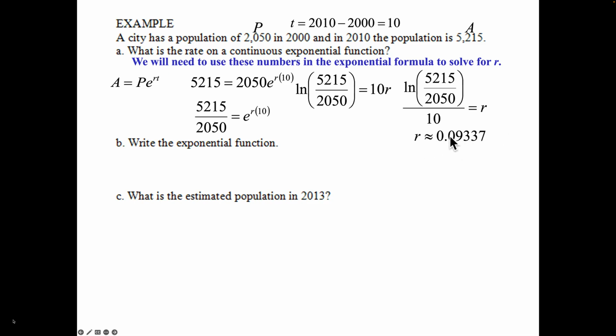And we'll round it to wherever they tell us for decimal places. Write out the new exponential function. So r goes in as 0.09337 times t. 2050 is our beginning balance, and we'll put a back out in front.